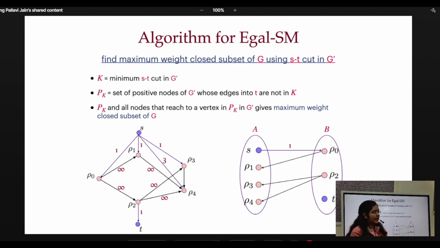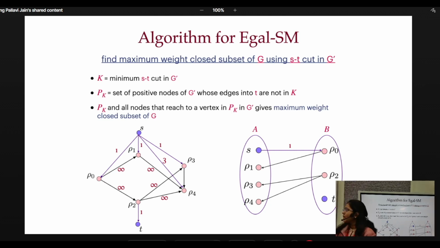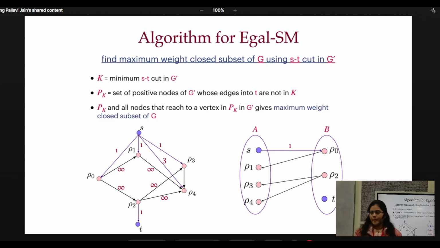I just gave them names, something is a negative node, something is a positive node. How many positive nodes do you have in G prime? One, which is rho 2. Now the set of positive nodes of G prime whose edge into T is not in K. Is the rho 2 to T edge in K? K is the cut. No, right? So PK is rho 2. Is that clear to everybody? This example is very simple because there is only one positive node.